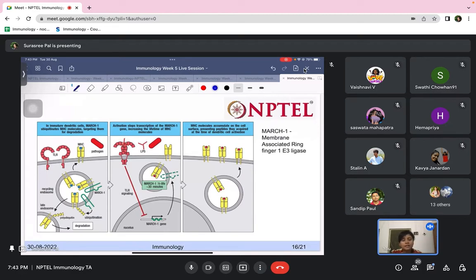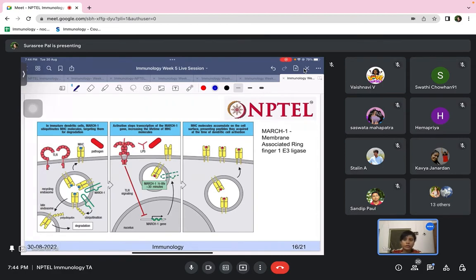If this happens during the encounter with the pathogen, this peptide MHC complex is very essential for the body to be transported to the right place, so that the body can understand that this kind of infection is going on and we need to tackle it. Now you tell me, if the MHC peptide complex is recycled after a short time, then obviously the information that there has been a pathogen attack recognized by this dendritic cell will be lost.